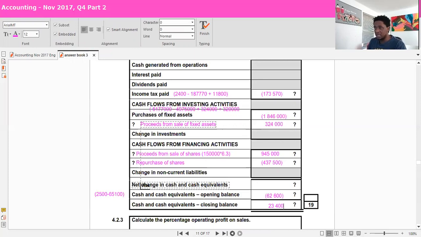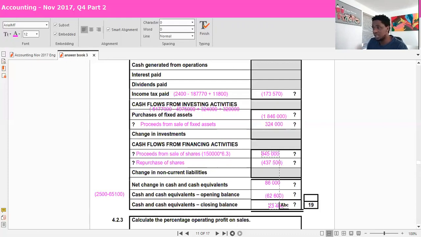Therefore, to calculate the net change in cash and cash equivalents, we basically add the 23,400 to the 62,600, and the net change would then be 86,000. To check that you're correct, you take the net change in cash and cash equivalents and subtract the opening balance. It should give you the 23,400 again. That's how you would know that you have calculated your net change correctly.